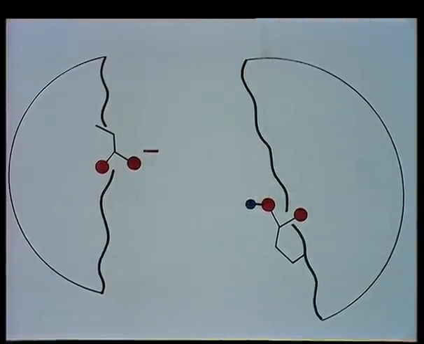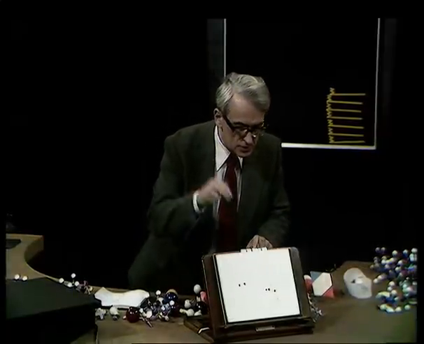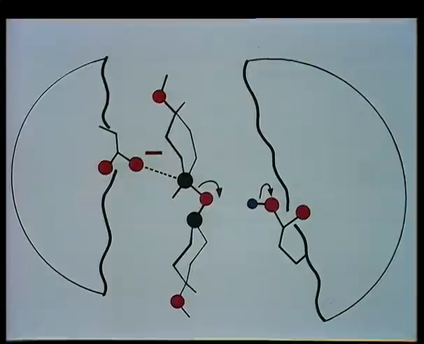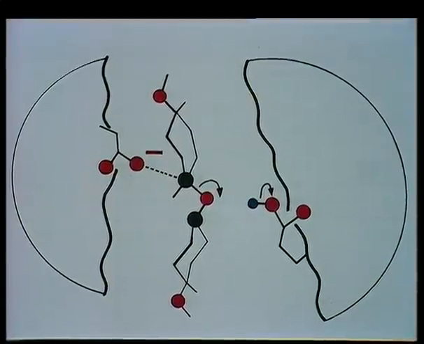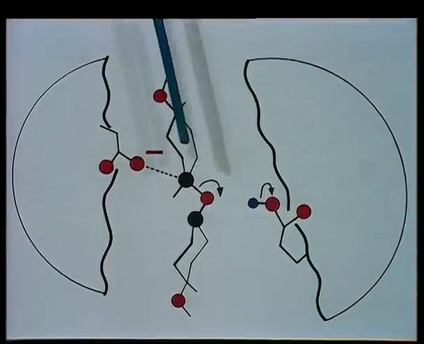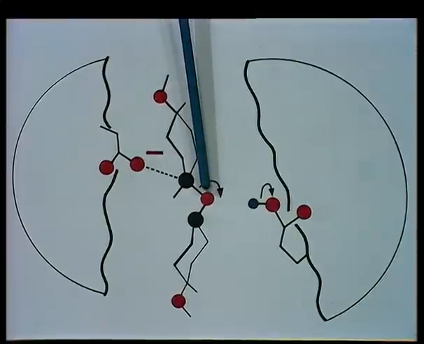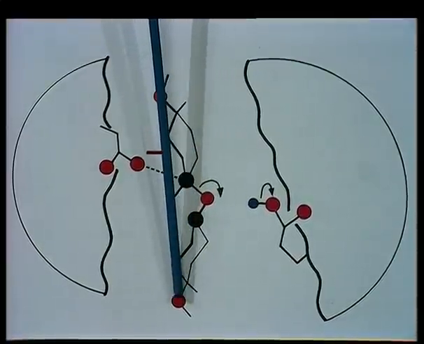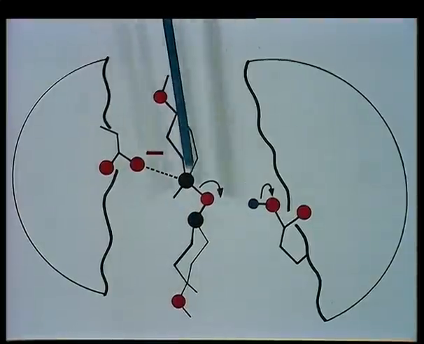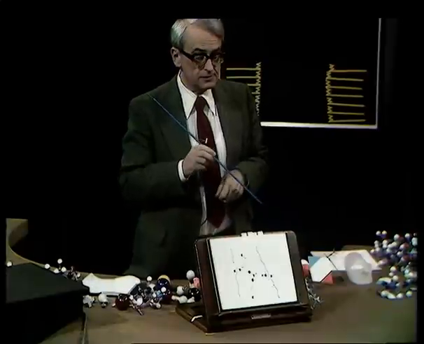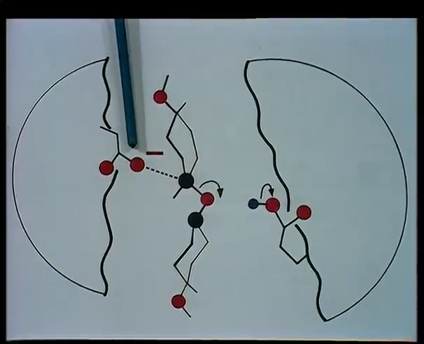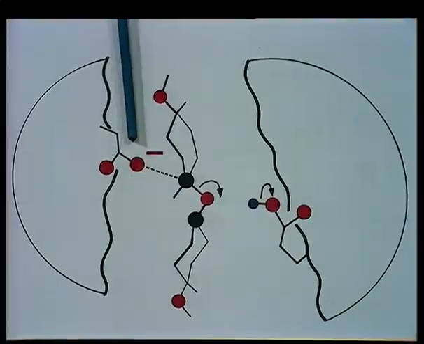Now, along comes the bacteria, and some sugars fit into this groove, and if I take that drawing away, in the next drawing, there they are, the sugars fitting into this groove, one here with a carbon atom connected to an oxygen atom, connected to a carbon of the next sugar, and there's the next sugar going on, and so on. Now notice that this carbon atom is up against the negatively charged oxygen over here, just like the atoms in the model I was showing you.